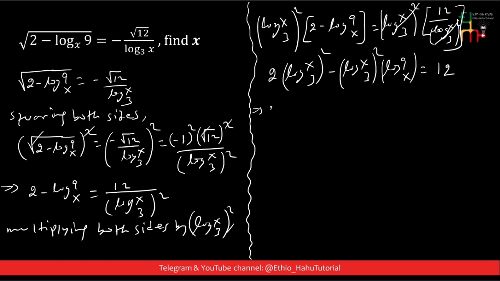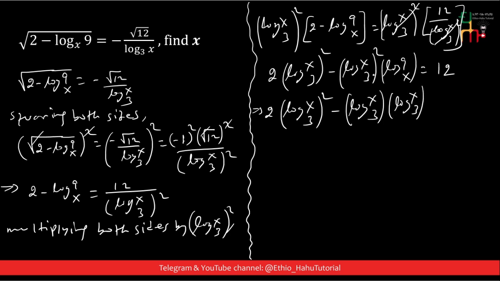This implies twice logarithm of x to the base 3 squared minus logarithm of x to the base 3 times logarithm of x to the base 3 times logarithm of 9 to the base x, which is logarithm of 3 squared to the base x, is equal to 12.